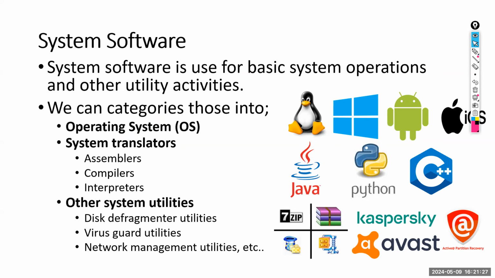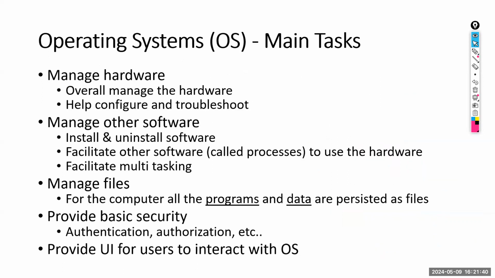I already explained to you that the system software consists of operating system, system translators, and other system utilities. And now we are into the operating system. So let's first understand what are the objectives of operating system, or what are the main tasks operating system can do for you.